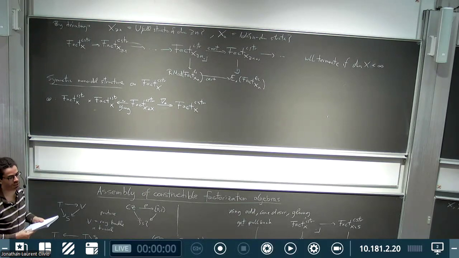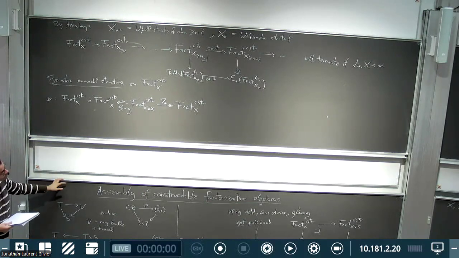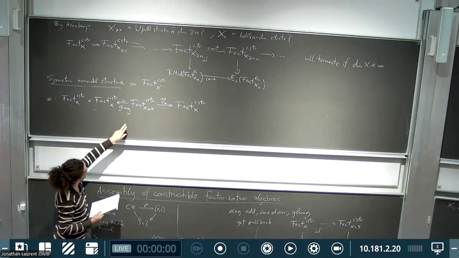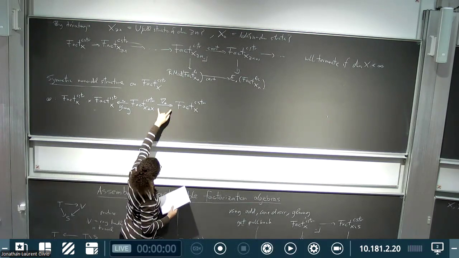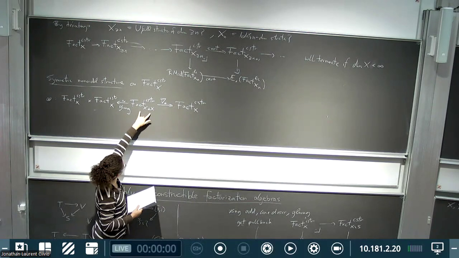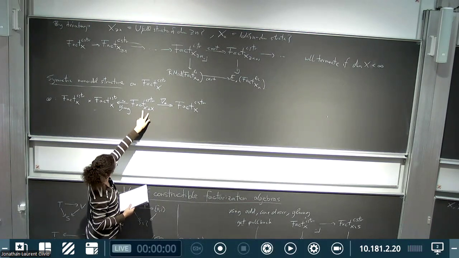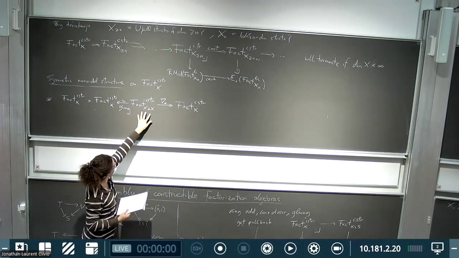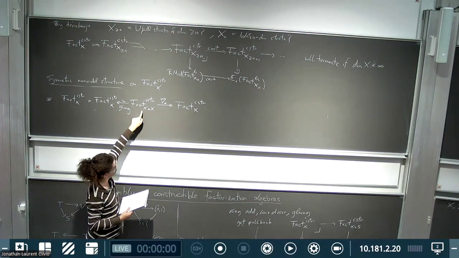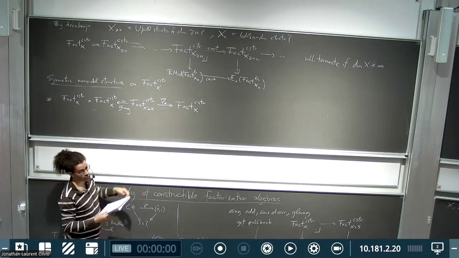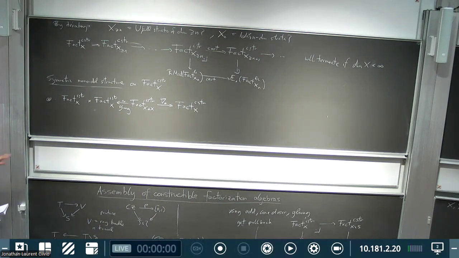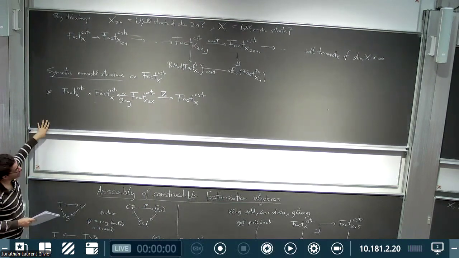Yes, it is. That's right. Because if you compute what it is, if you take an open, you push forward things, you have to take its preimage. Preimage will just be two copies of the open. And then the value of the factorization algebra, since it's multiplicative, will just be the value of one tensor the value of the other. So this is indeed just the one you get by restricting the pointwise one.